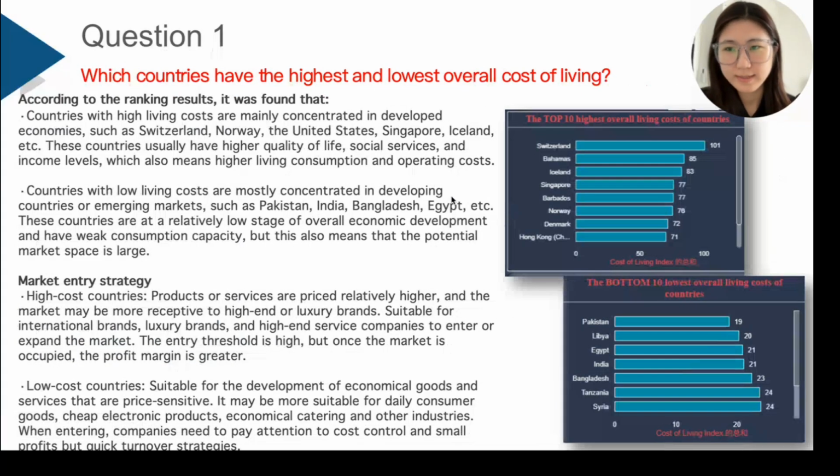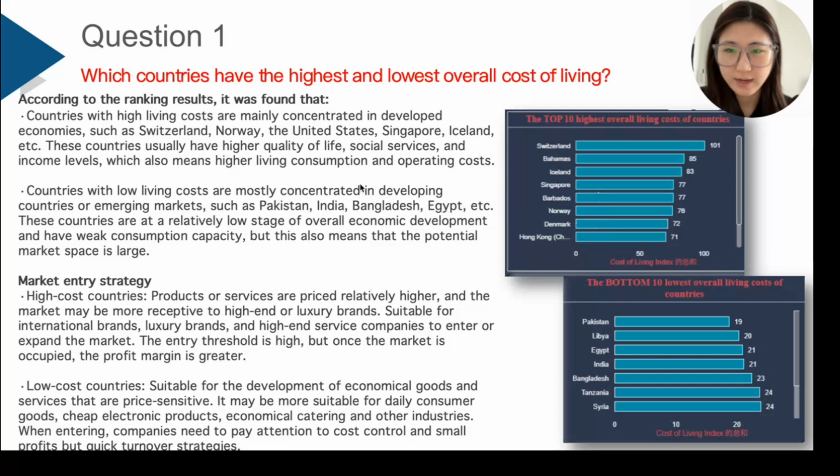Question one is which countries have the highest and lowest overall cost of living? Looking at the right bar chart, we can see that countries with high living costs are mainly concentrated in developed countries like Singapore, the United States, Switzerland, and Norway.